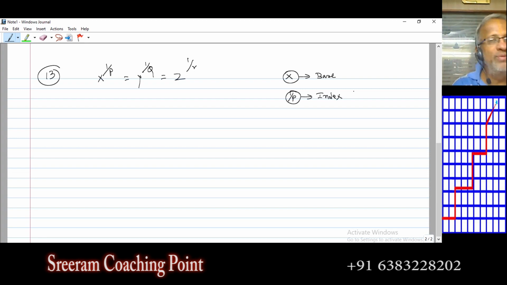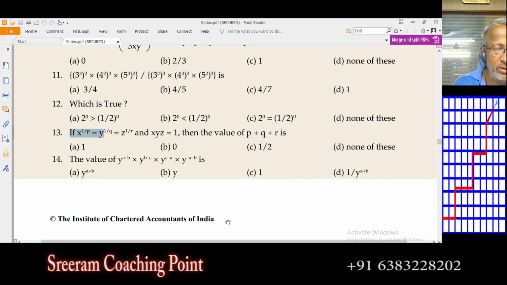Correct? So the basic observation made is that x to the power 1 by p equals y to the power 1 by q equals z to the power 1 by r, and it is observed that x, y, z is equal to 1.